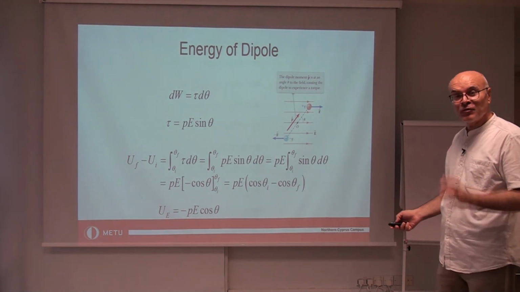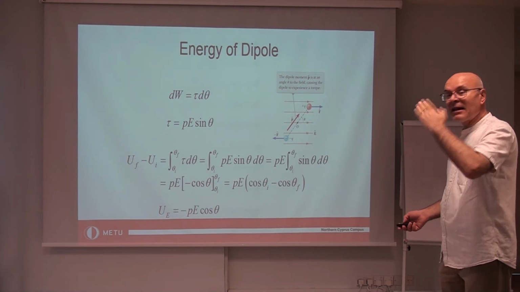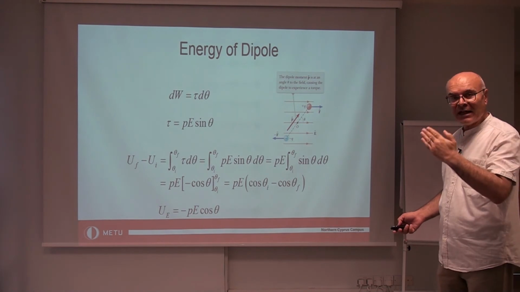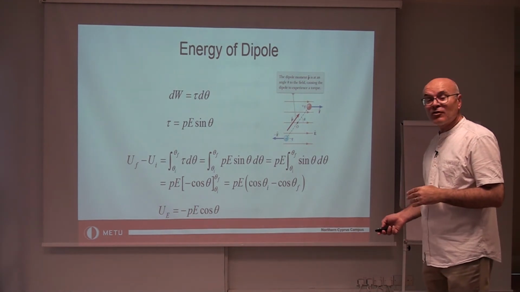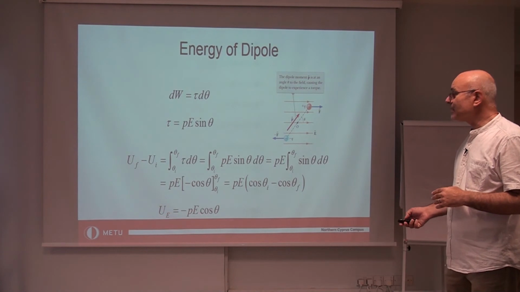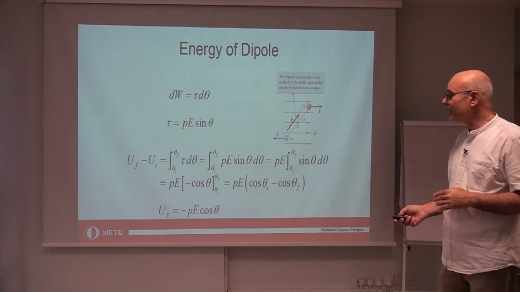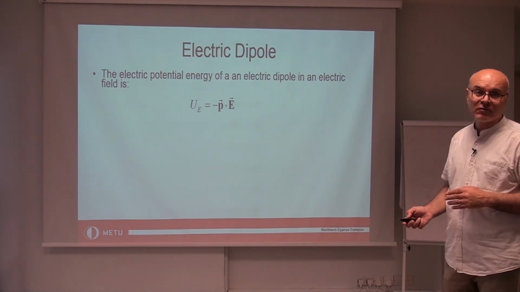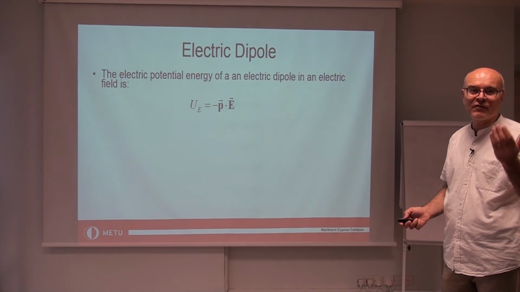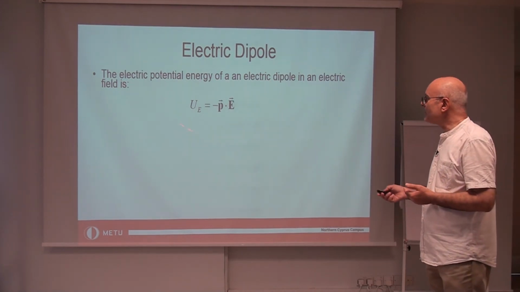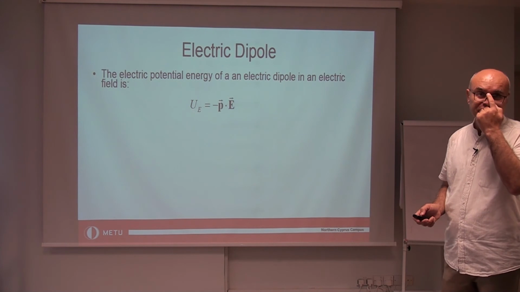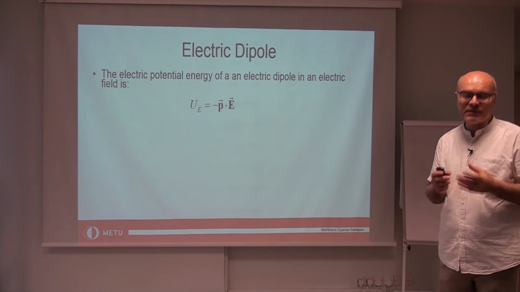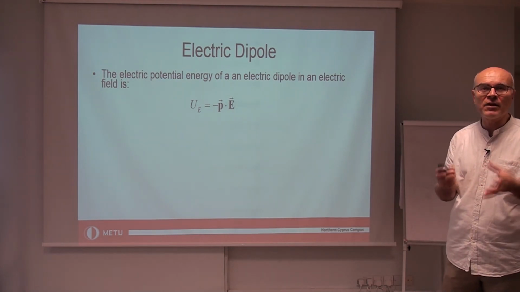U, when the dipole is aligned so that its dipole moment makes an angle theta with the electric field, then the potential energy of that dipole is equal to minus PE cosine theta, which can be written as minus P vector dot E, which is the scalar product of P and E. So this is our expression for the potential energy of a dipole in an electric field.